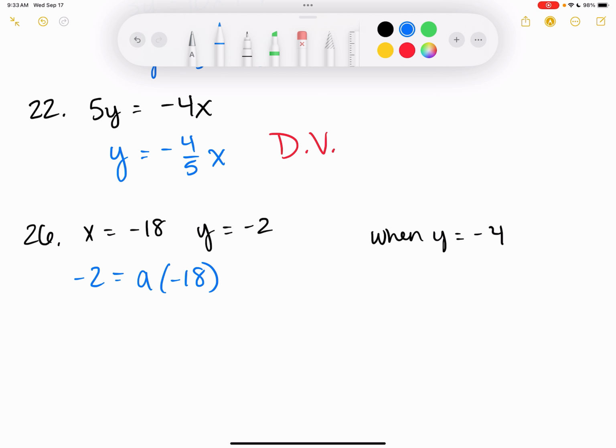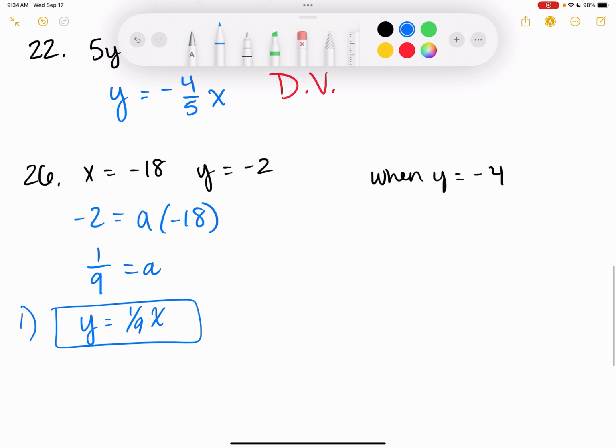Yep, 1/9. So my direct variation equation is y equals 1/9 x. Again, there's our part 1. Now I'm finding x when y is -4. So I'm plugging in -4 for y. So -4 equals 1/9 times x. So what is x equal to? 36.